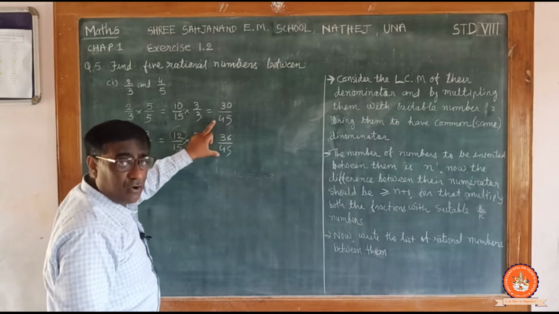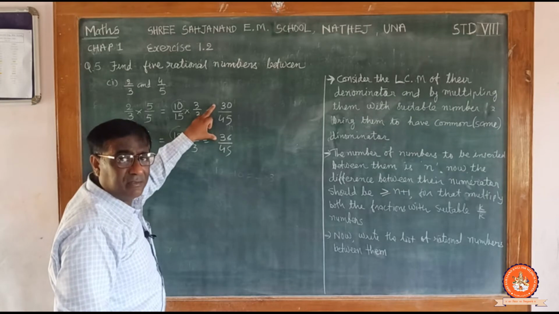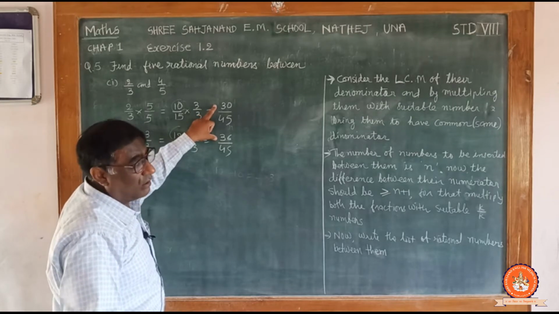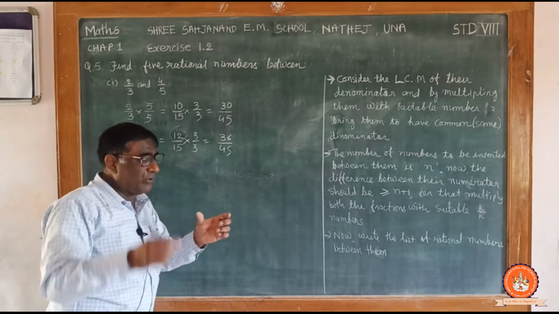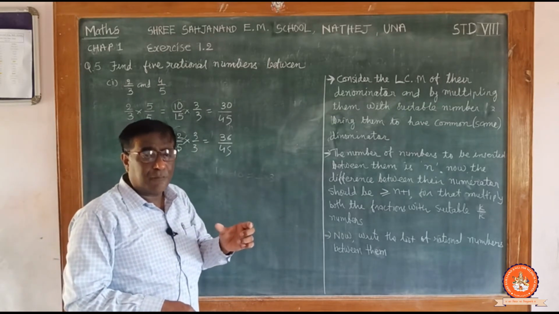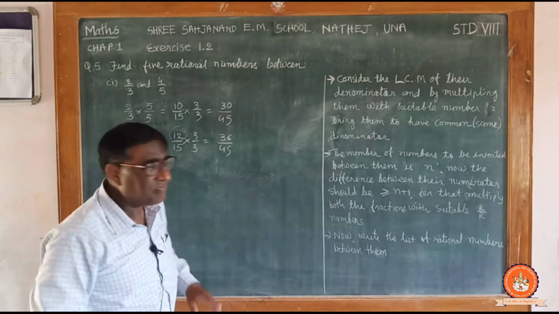They have a common denominator as well as a difference of 6 between their numerators, because we want to insert 5 numbers, and to insert 5 numbers the difference between their numerators should be at least 6 units.